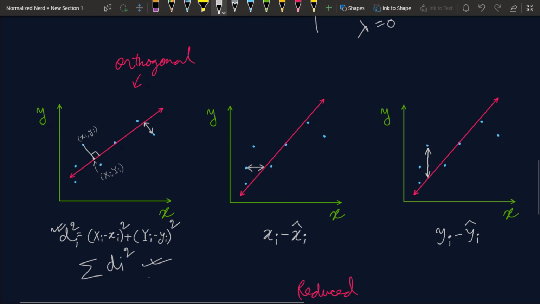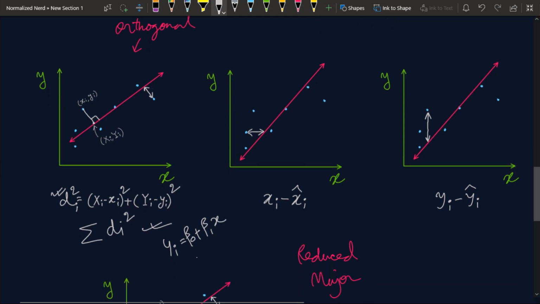For convenience, I am working with only two variables. So the model is yi equals beta 0 plus beta 1 x. And if I just change the side here, you will notice that I will get yi minus beta 0 minus beta 1 xi equal to 0.